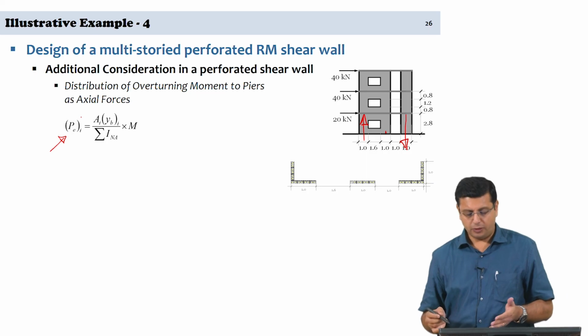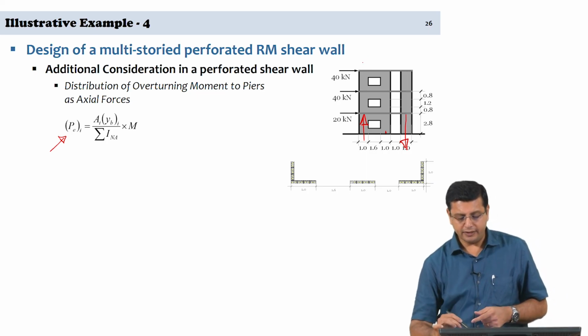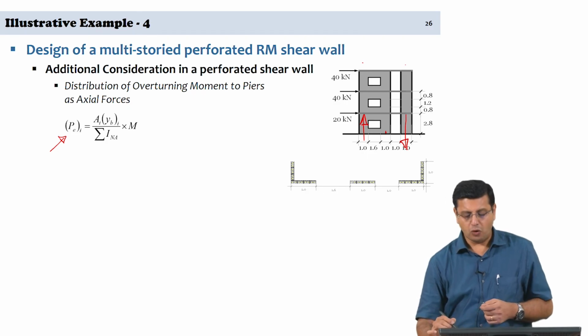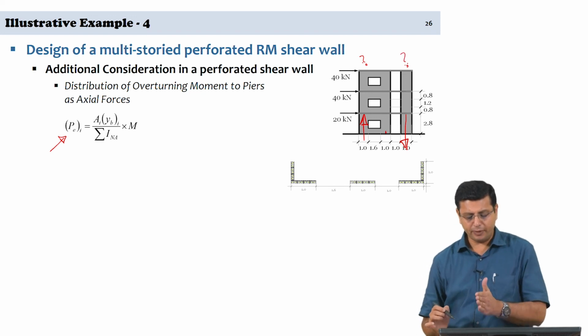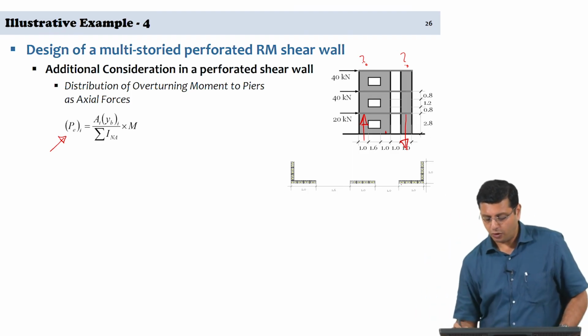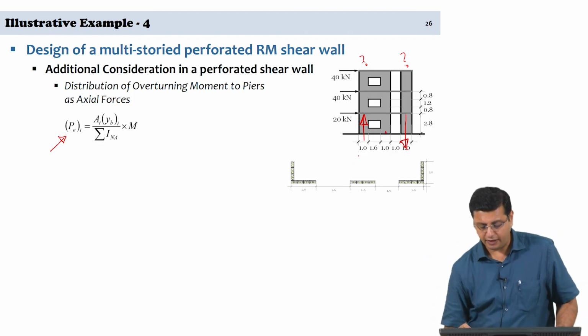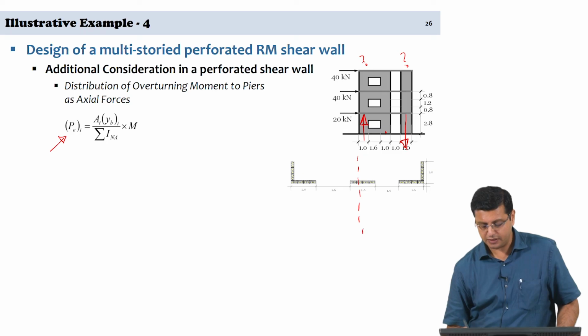However, that depends on the geometry, but what we should be careful about is how are these 2 piers in this wall which is made out of 3 piers, how is the axial force due to the overturning moment and what is the quantum in the extreme piers. So, we are interested in estimating what is the neutral axis of this cross section.